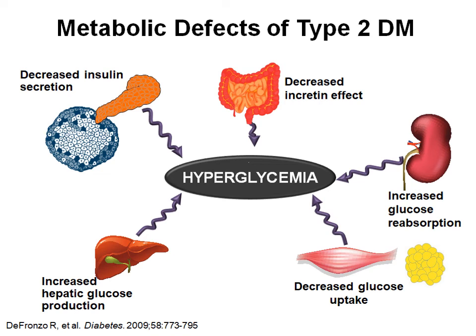As you can see in this graph, type 2 diabetes mellitus is characterized by decreased insulin production from the pancreas, which leads to hyperglycemia, increased hepatic glucose production, that is stimulation of gluconeogenesis and glycogenolysis, decreased glucose uptake in muscle and fat tissue, increased glucose reabsorption in the kidney, and decreased incretin effects in the GIT.